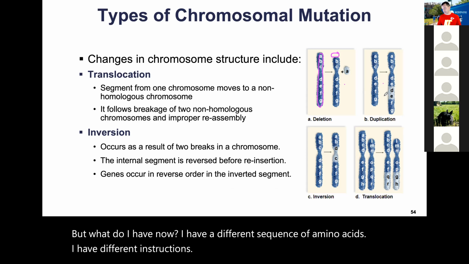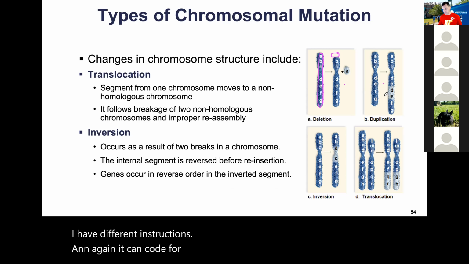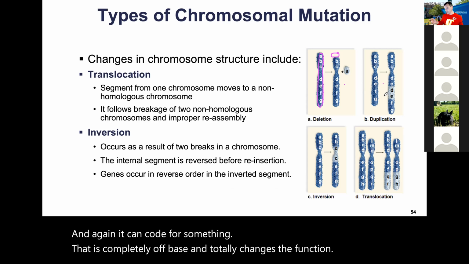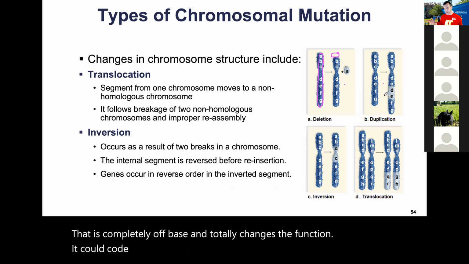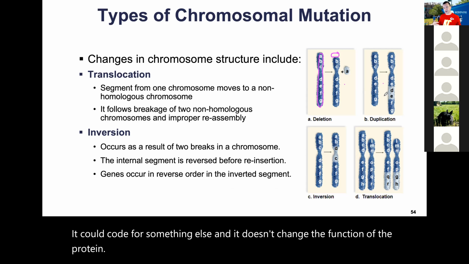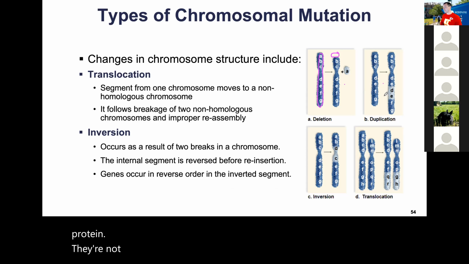And again, it can code for something that is completely off base and totally changes the function. It could code for something else and it doesn't change the function of the protein. They're not all potentially bad. That's what I'm trying to say.